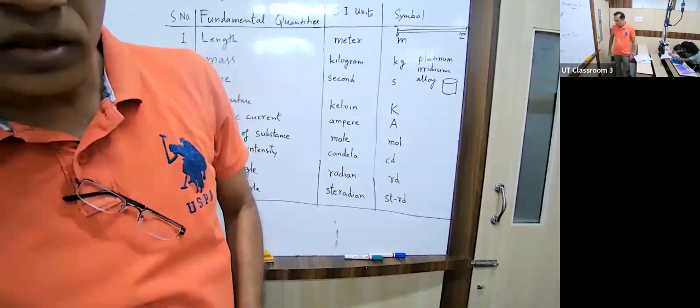So will I get a straight line for non-uniform motion? No. So I get a curve. It will be a curve.